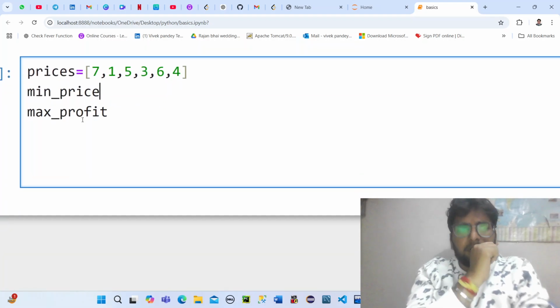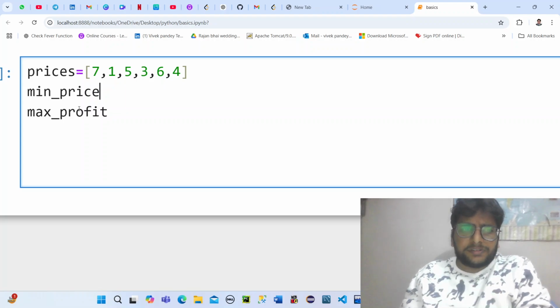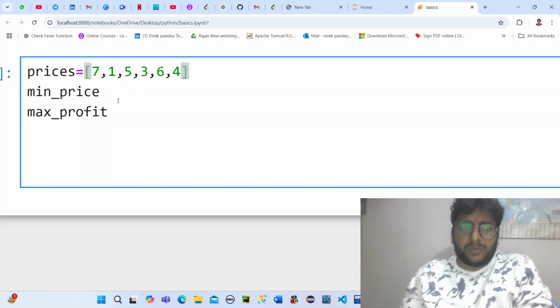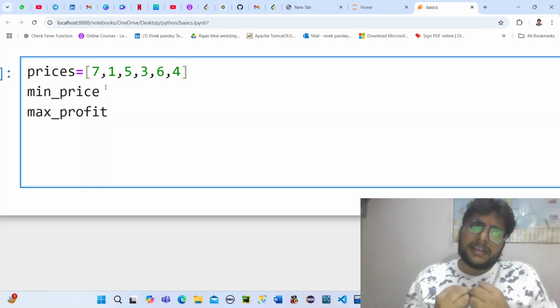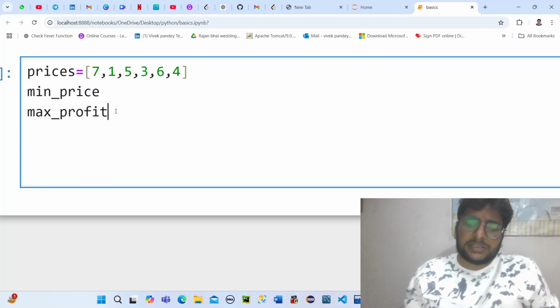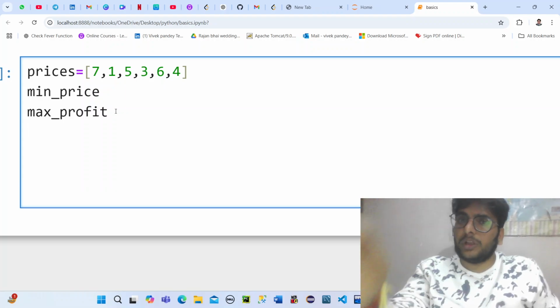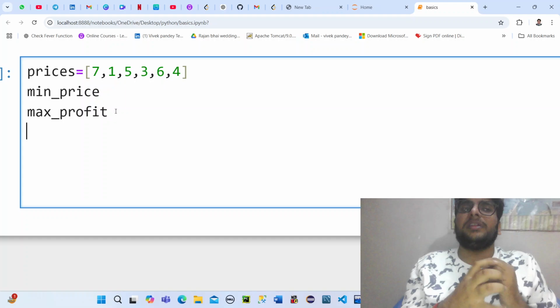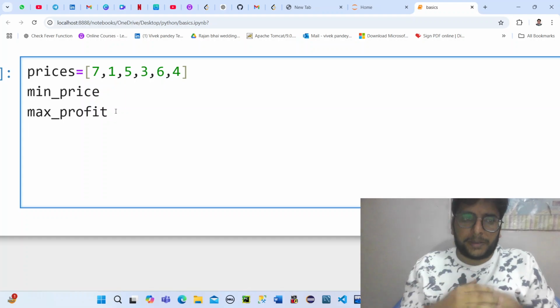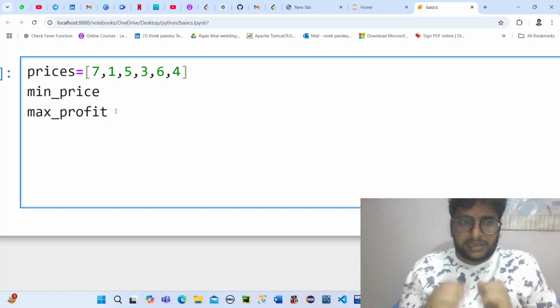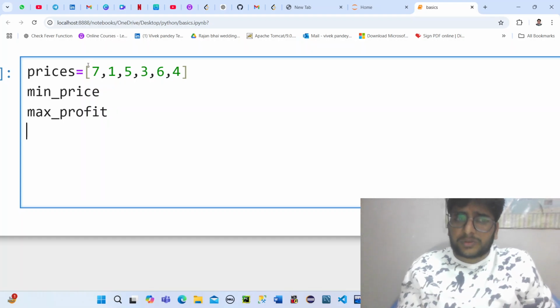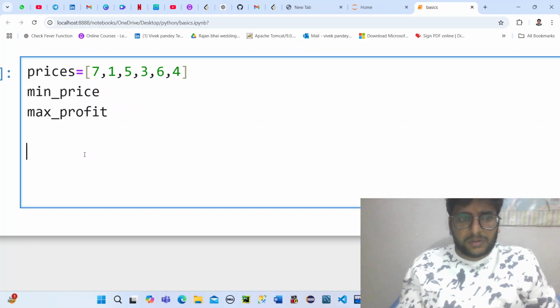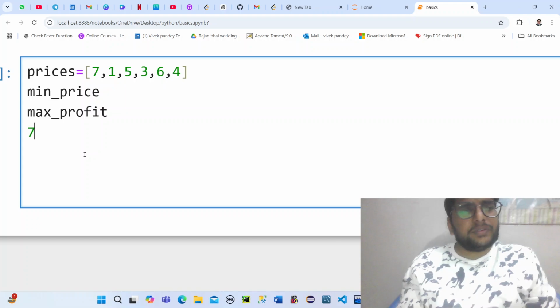How to keep it in a code? First we need to find out the minimum one. What would be the minimum price? To find out the minimum price, let's see. Here I'm just explaining you the logic, and after that I will keep everything in a code. Now I will take one number. Let me take 7.